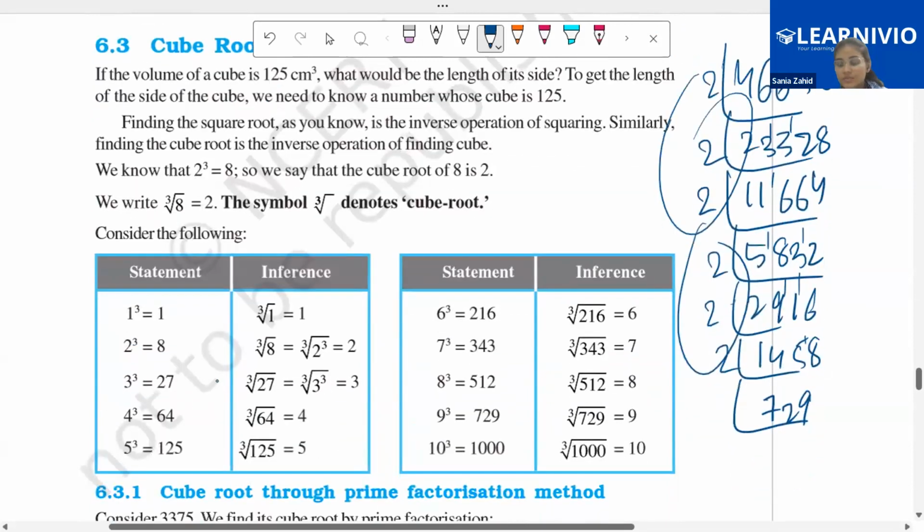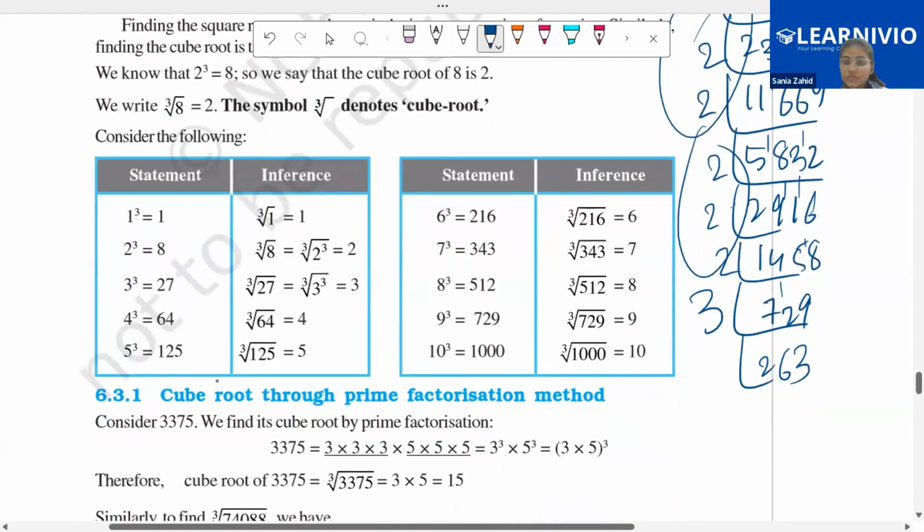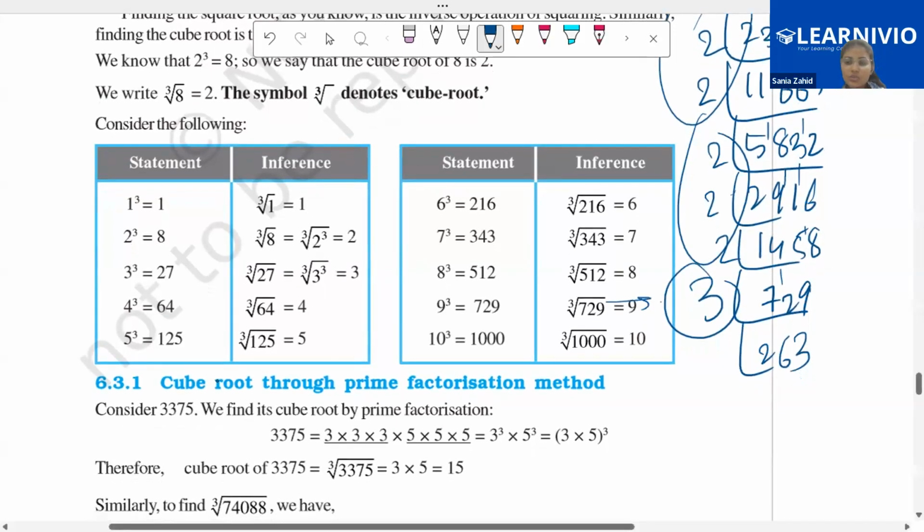Okay, still it can be. Not by 3. See, now 263 can't further be divided by 3. So here only we get to know that this is not a perfect cube. Okay, how? Because now you know that 3 will just occur once, but still we will check further. We'll solve it completely. So this can be divided by not by 7, not by 11 also. Can it be by 13? No, by 17.